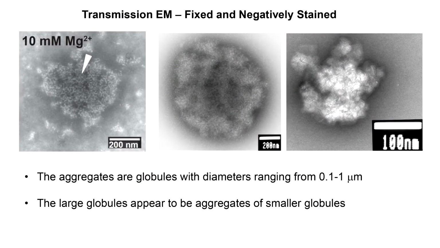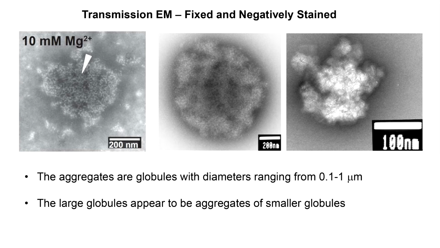Transmission electron microscopy, these are 3 representative images of what we see of fixed and negatively stained samples, again consistent with these structures being globules, okay? And in the negative stain, any place that it's darker is a furrow, and so you see that it appears as if these globules are formed from smaller globules, okay?